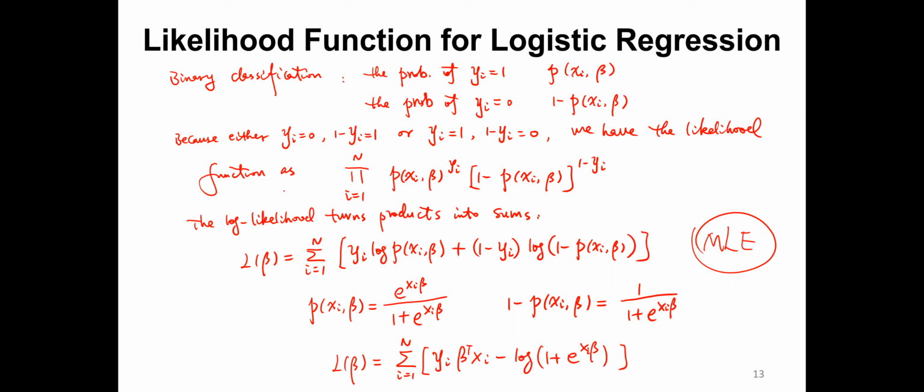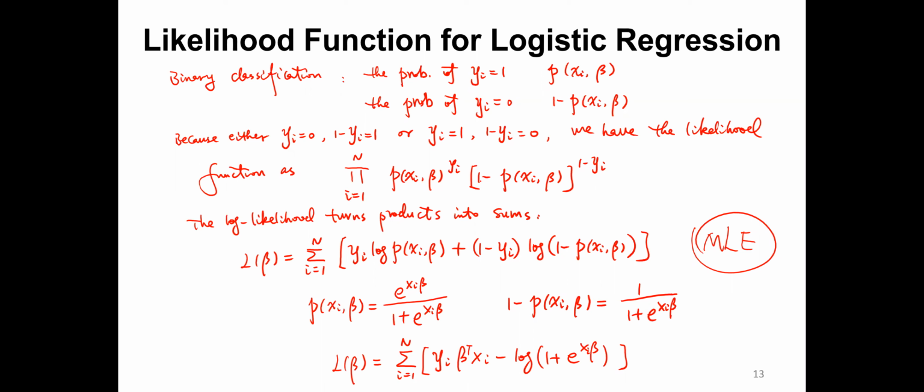So for any xi, suppose you have n samples, you can calculate the probability. So you have p here, and this is 1 minus p. If yi equals 1, then this part will disappear, right? Let me use the highlighter.